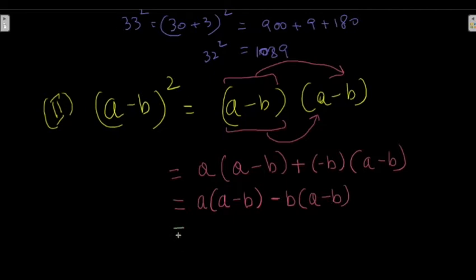Yeah, so again applying distributive property, when we multiply a with a and then a with b. So it is a times a minus a times b, minus this minus b, and this is plus a. So it becomes minus b times a. Now this is minus and this is minus, so it will become plus b times b.